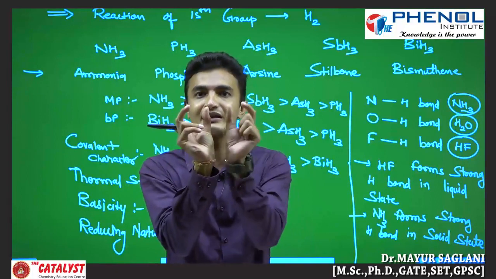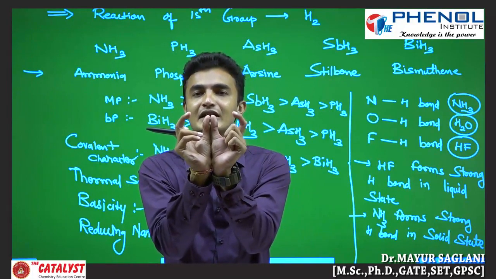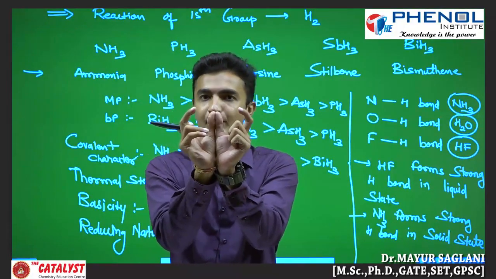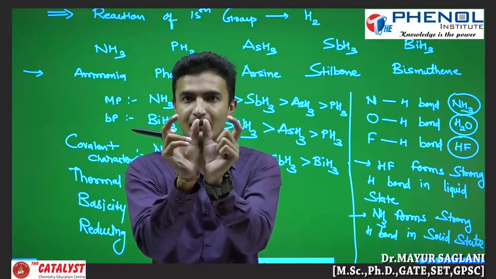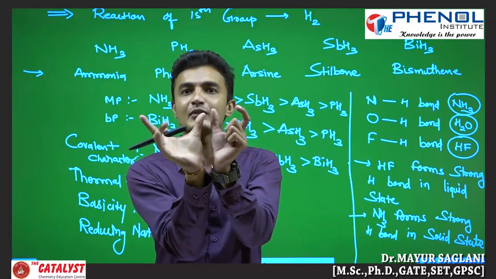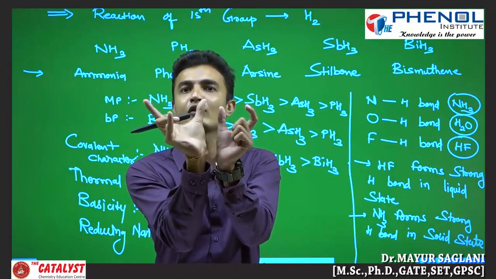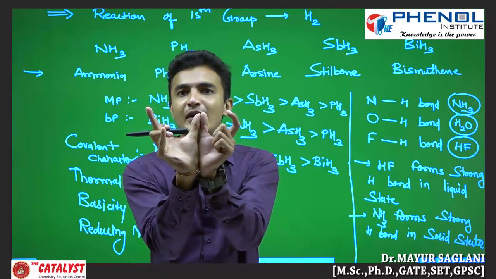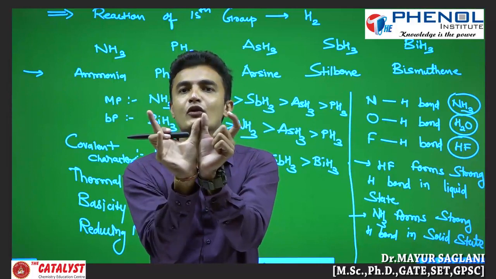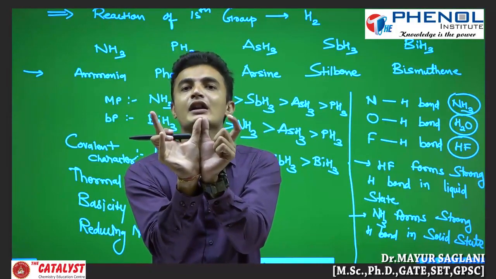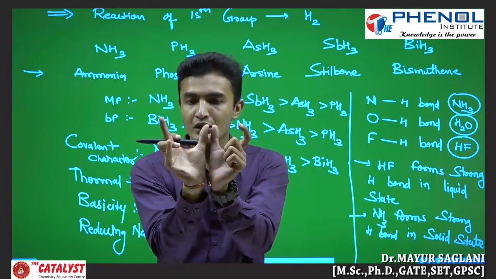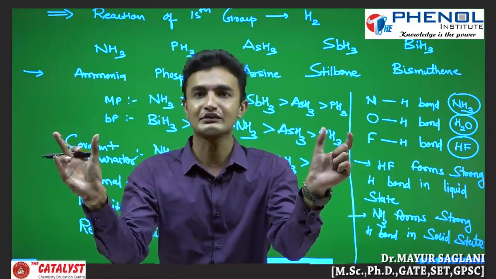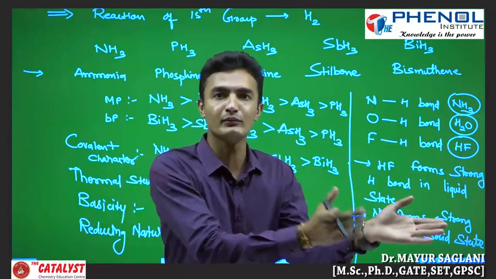Nitrogen is small in size, hydrogen is smallest in size. So the bond length would be 100 picometer, 50 and 50 for example. But in bismuth, bismuth has a 100 picometer radius and hydrogen has a fixed 50 picometer radius. So the total bond length would be 150 picometer. So bond length increases as you go down from nitrogen to bismuth.